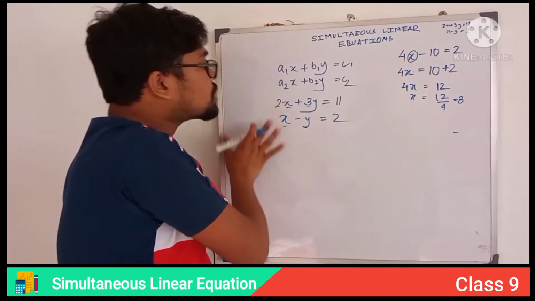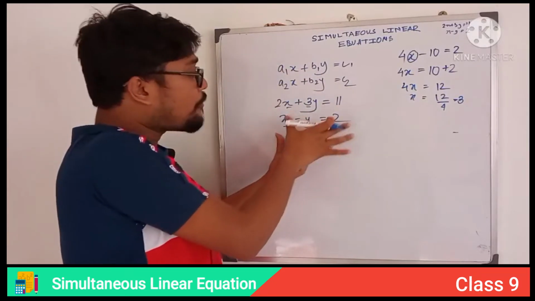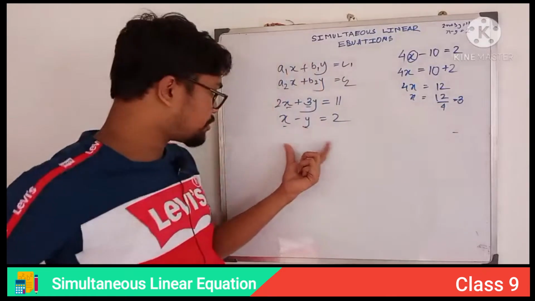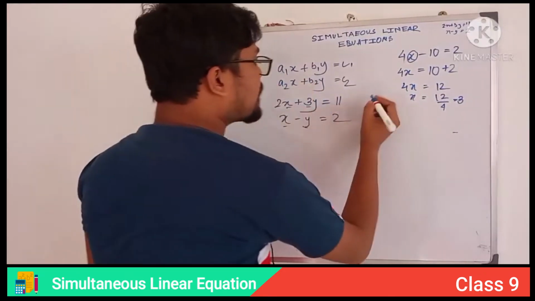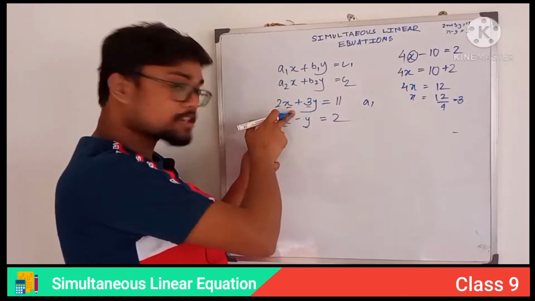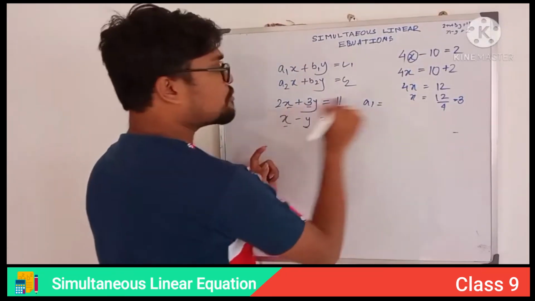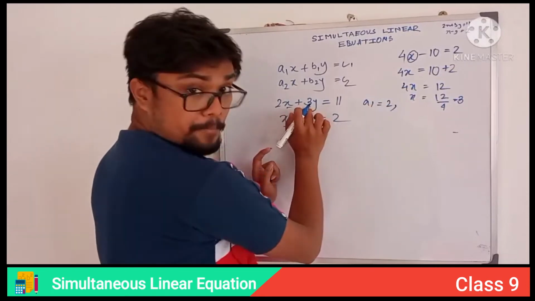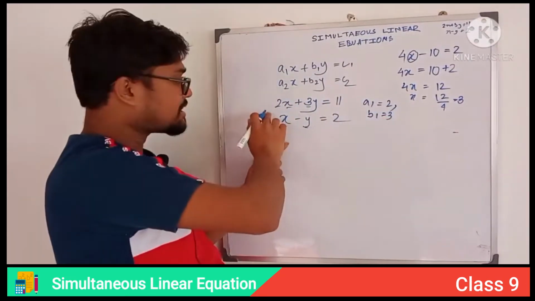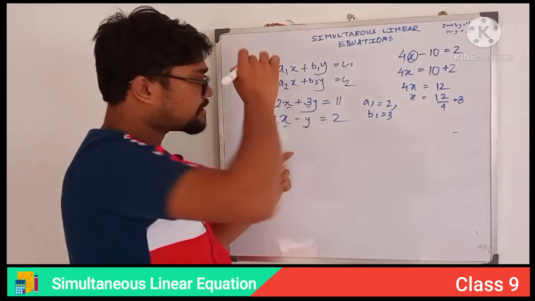Now how do you compare these two equations with the general equations? What is the value of a1? If I compare, a1 equal to 2, b1 equal to 3. Here nothing is present, that means 1 is multiplied with it.